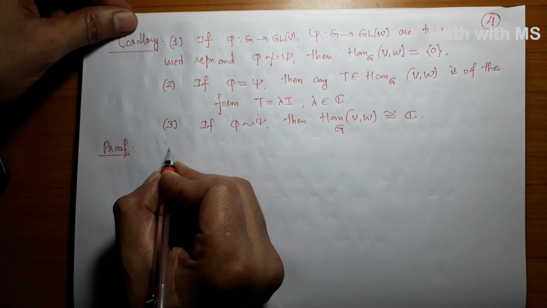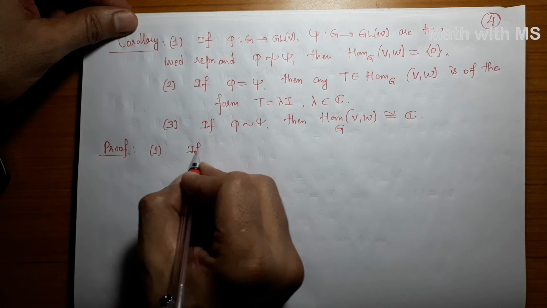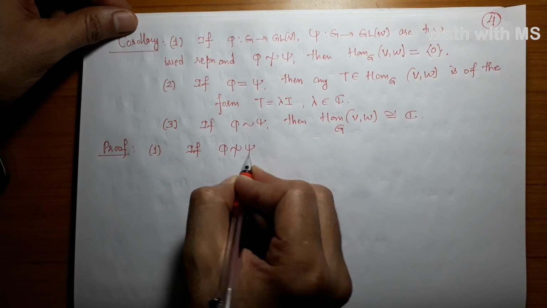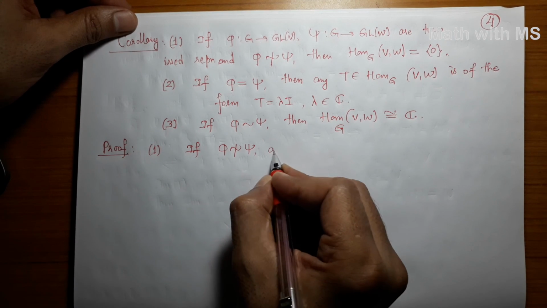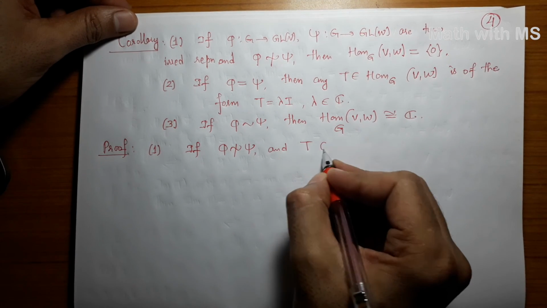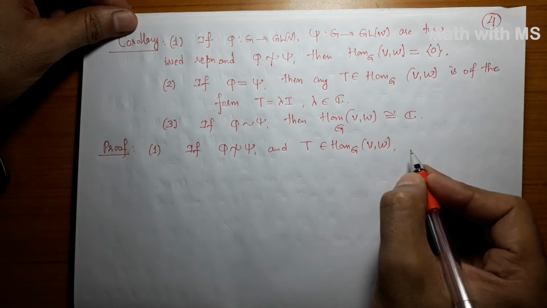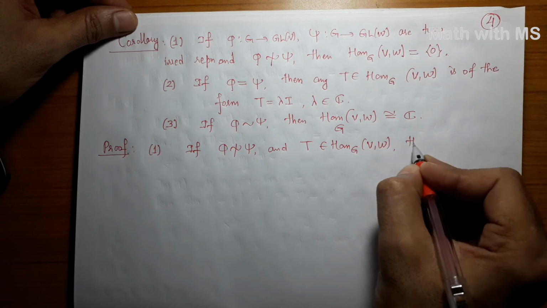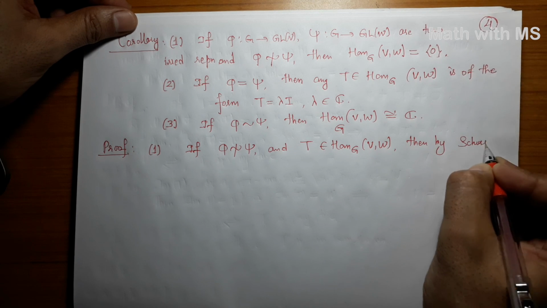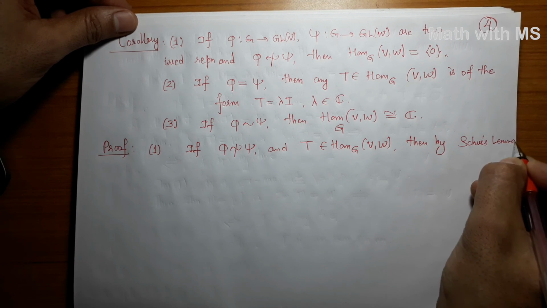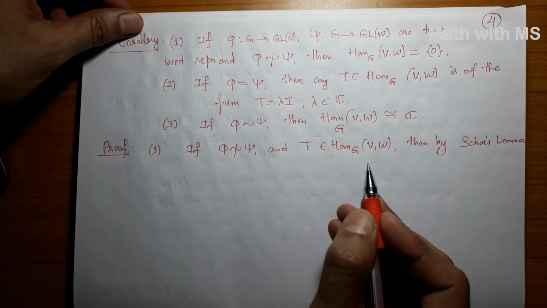So for the first part, if phi is not equivalent to psi, then what kind of morphism can you have? If phi is not equivalent to psi and T belongs to Hom_G(V,W), then by Schur's lemma, T is either 0 or T is invertible.